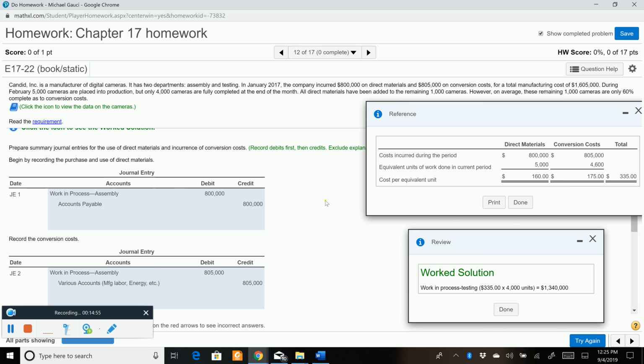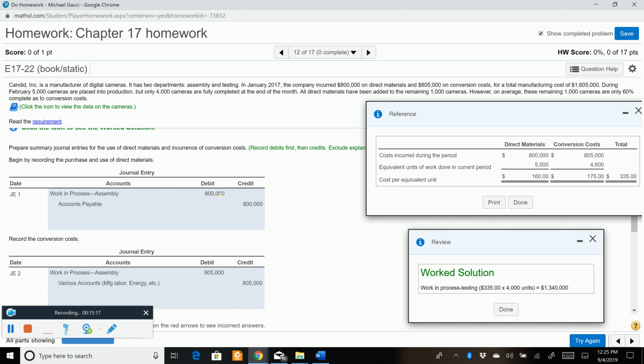Okay, so for this particular homework problem, we need to compute the journal entries. The first journal entry records adding the direct materials to the WIP of the first stage, assembly. We said that was $800,000.